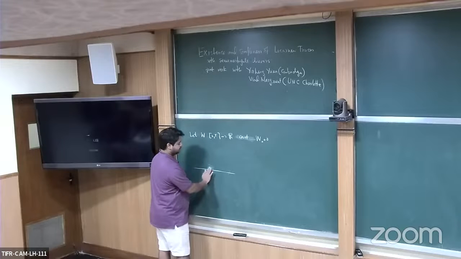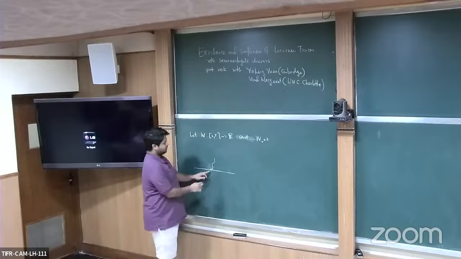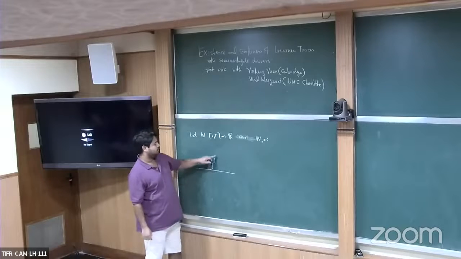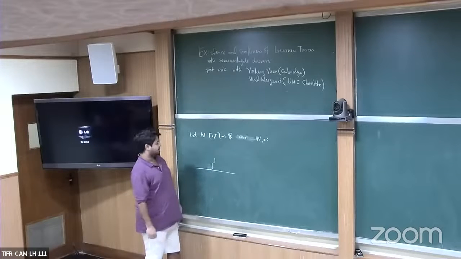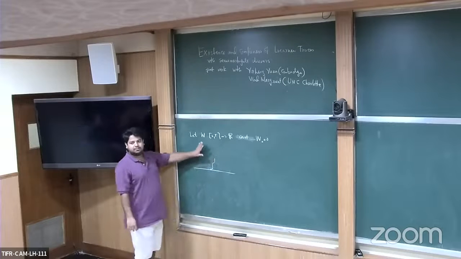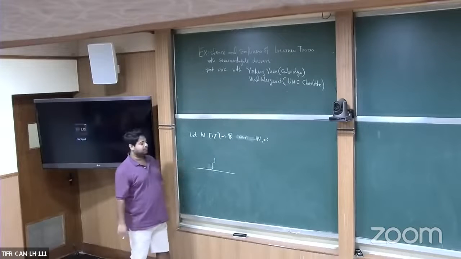For simplicity, let's say the curve that you're growing is just a simple curve, growing one point at a time. This need not always be the case, but I'm just taking a simple example.